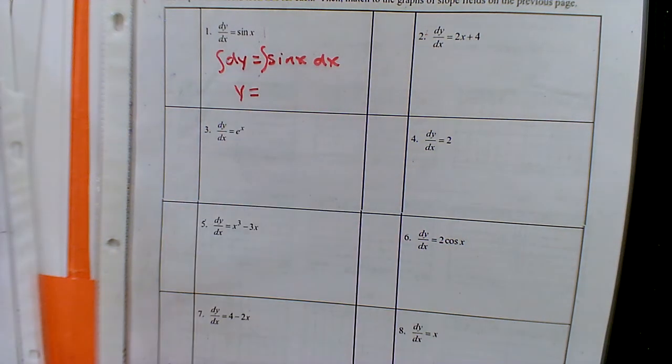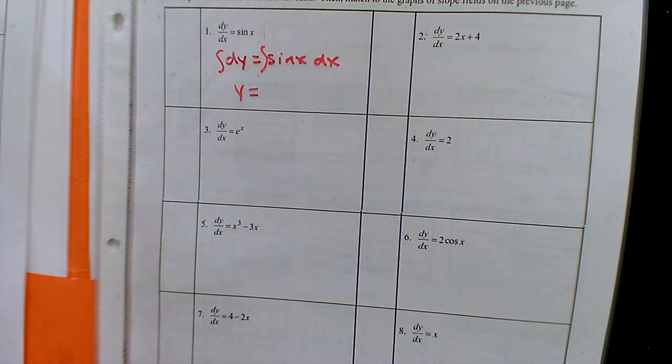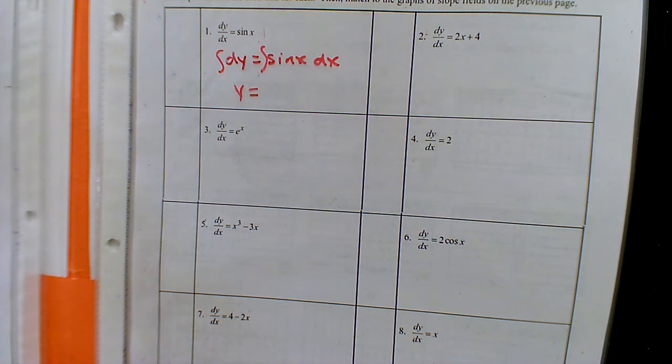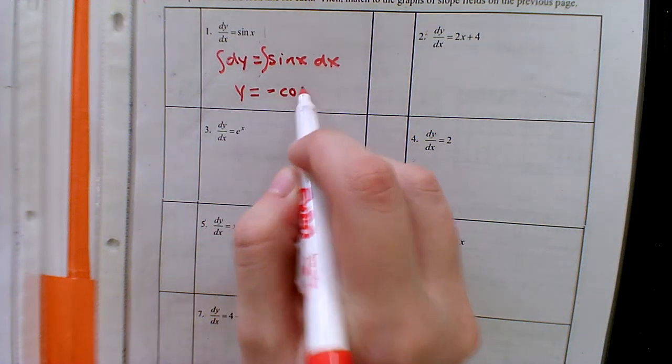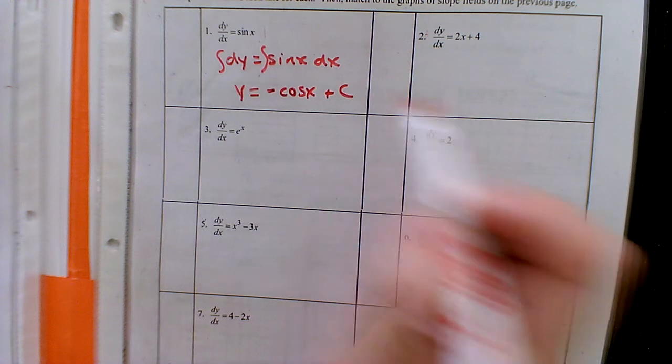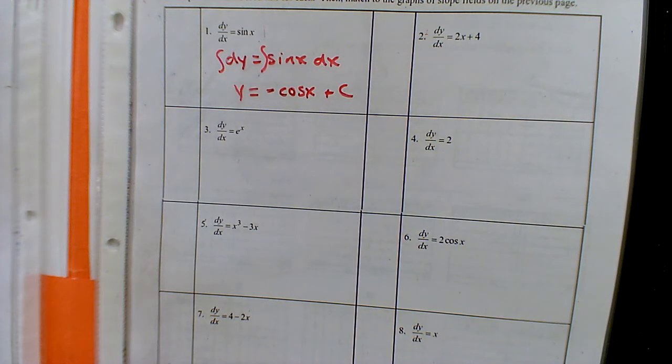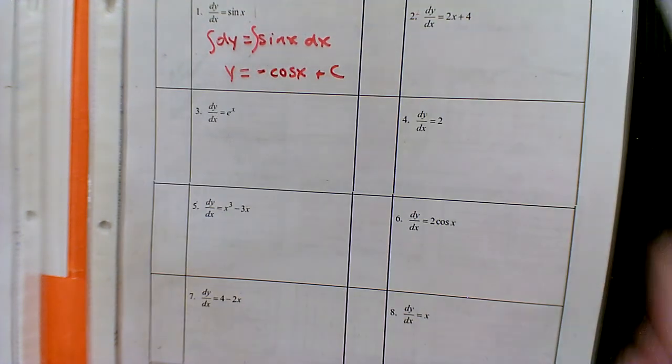We'd get y equals, what's the antiderivative of sine? Say it again? Cosine x. Close. Negative cosine x. Okay, and then we have that plus c. All right. Let's go ahead and try to work backwards from all of these. We might not get to the actual matching part today, but we'll see if we can work backwards.